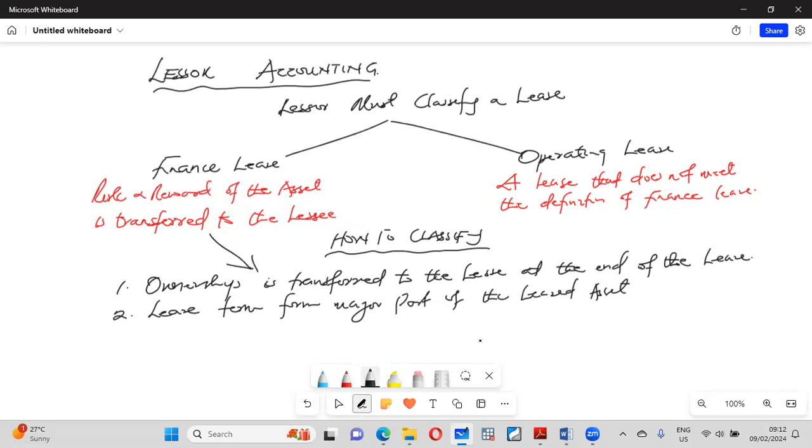All right, or even at the initial stage, when you do the PV of your liability, it forms substantial part of the fair value of the asset.